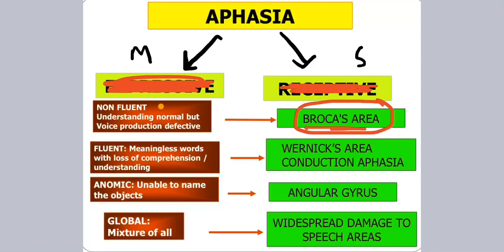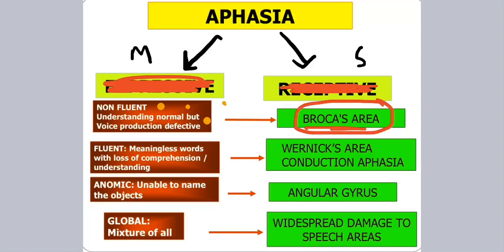The speech will be non-fluent, right? Understanding will be normal, but voice production will be defective. The person is aware of his defect, so it makes him or her very frustrated, but there is good comprehension, because the comprehending part, Wernicke's area, is functioning normally.